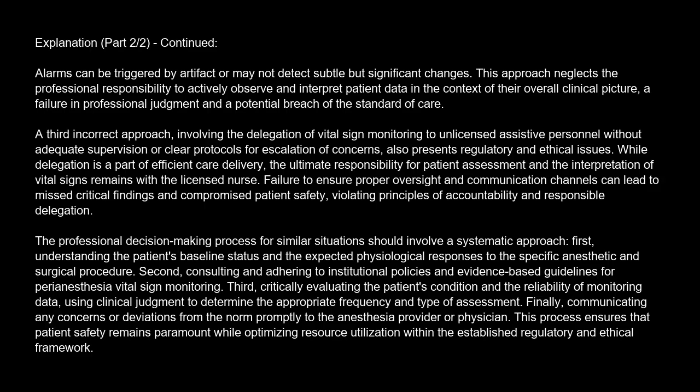Third, critically evaluating the patient's condition and the reliability of monitoring data, using clinical judgment to determine the appropriate frequency and type of assessment. Finally, communicating any concerns or deviations from the norm promptly to the anesthesia provider or physician. This process ensures that patient safety remains paramount while optimizing resource utilization within the established regulatory and ethical framework.